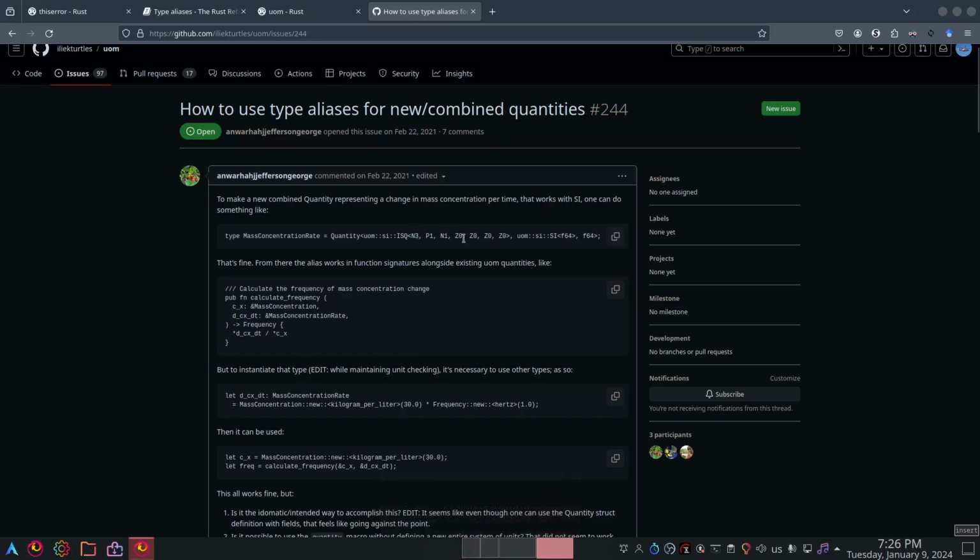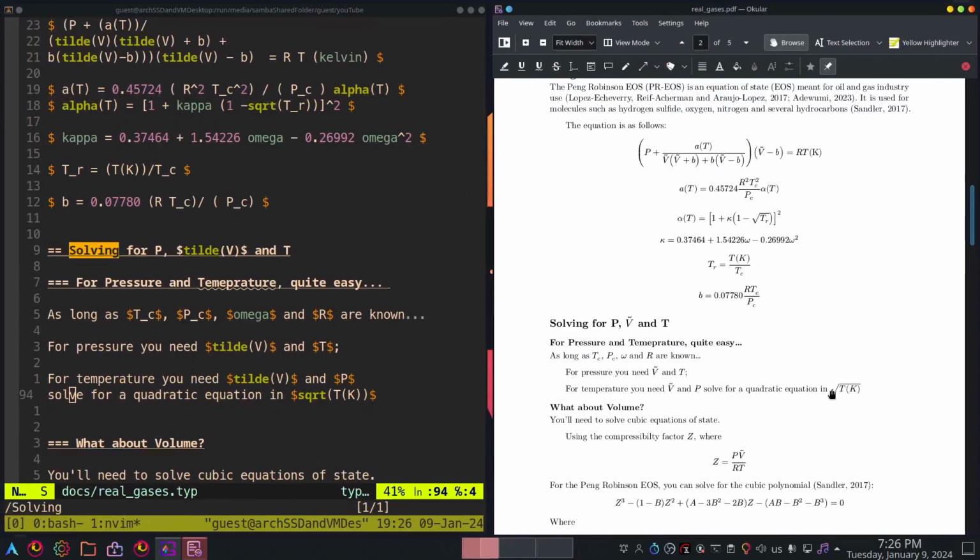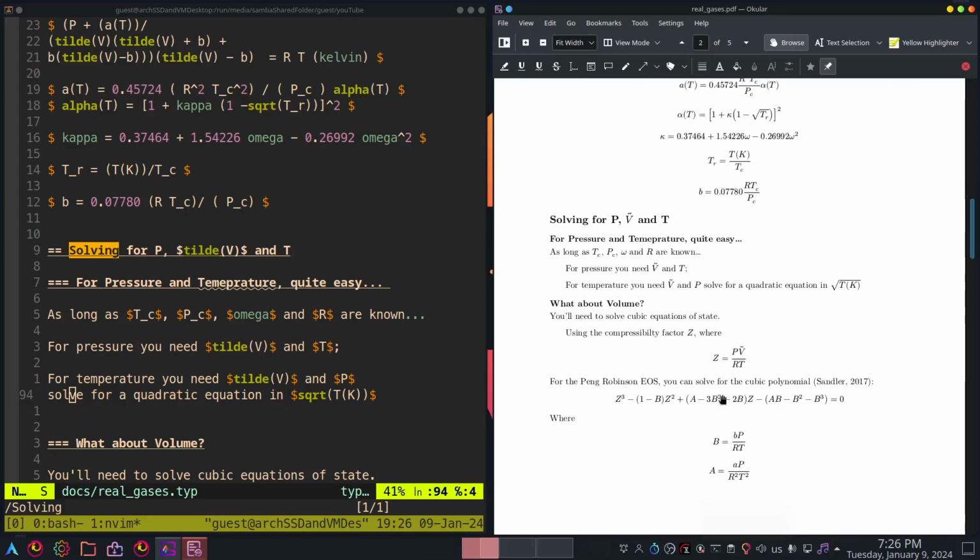My concern about this method is that for temperature, this is unfortunately in a square root. So there's no good way. This is to the power of 0.5 basically.